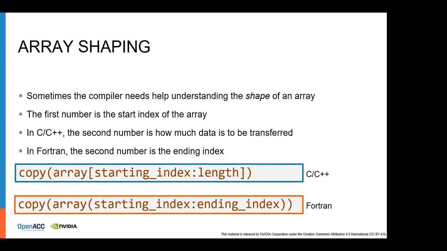If you are in Fortran, and that could be for multiple dimensions, same syntax, but for Fortran you give the starting index and here you are telling the ending index. So these are different semantics, so please don't be confused.